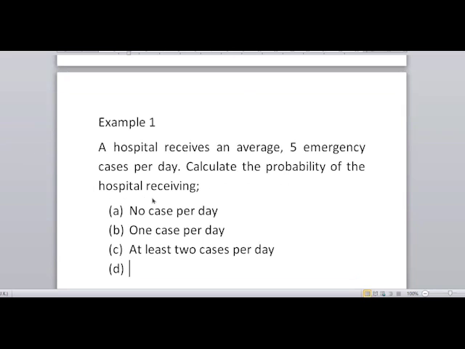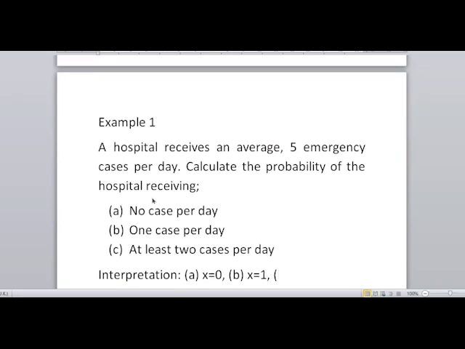You know what this means? If we have to do an interpretation, it means that for A, X as a variable will be equal to 0. For B, 1 case, X will be equal to 1.